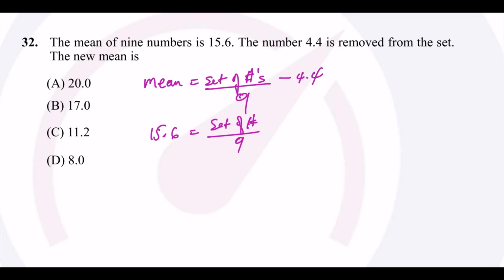So we can easily say, alright, 15.6 multiplied by 9 will give you the sum of the numbers. So what is 15.6 times 9? 9 times 6 is 54, put down the 4, carry the 5. 9 times 5 is 45, and 5 is 50. 9 ones, 9, and 1 is 10.